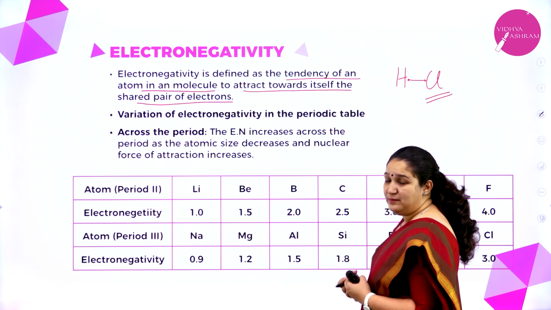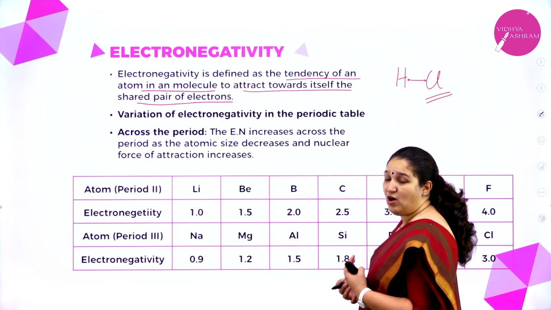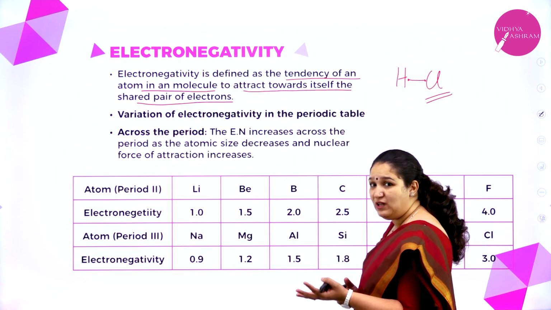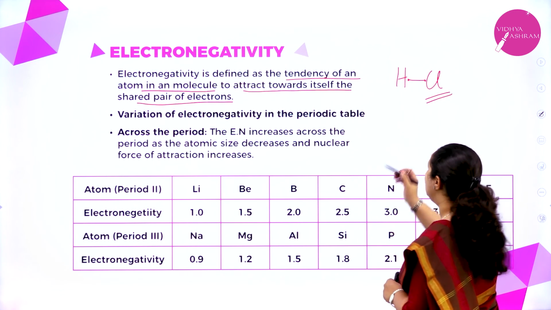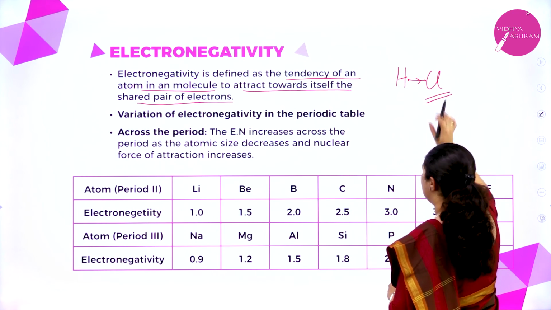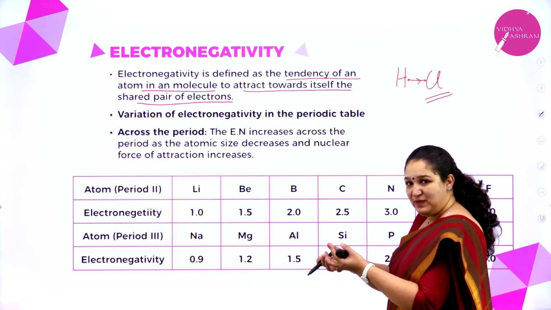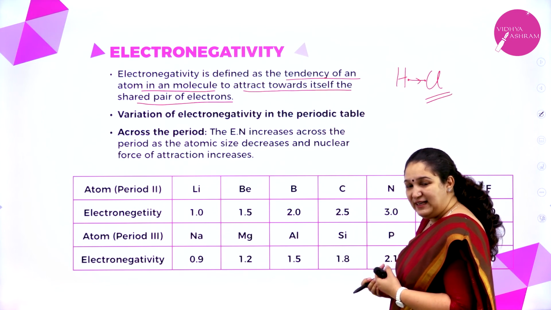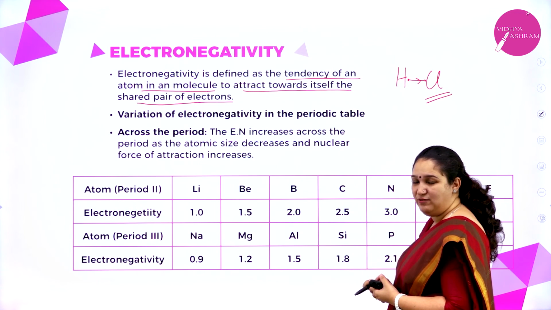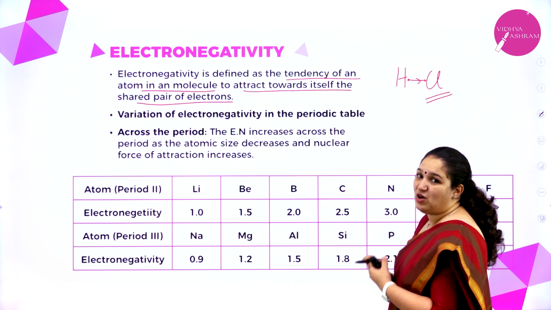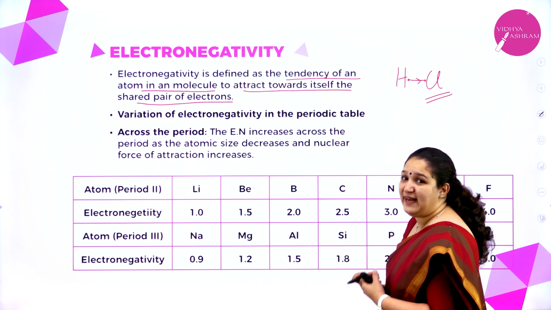Chlorine atom has the capacity or has a tendency to pull the electron which is given by hydrogen slightly towards itself. So it will pull the electron cloud slightly towards itself, or the shared pair of electron towards itself. That is called as electronegativity.